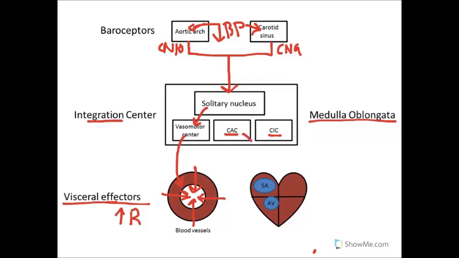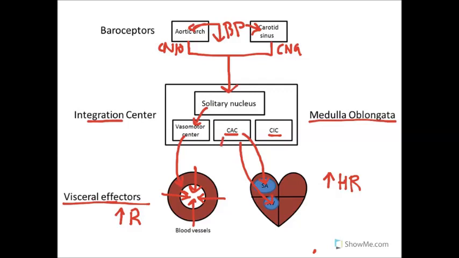The cardiac acceleratory center is going to send a signal to the SA node of the heart to increase the heart rate. Also, we're going to go to the AV node of the heart, and that's also going to help increase heart rate.